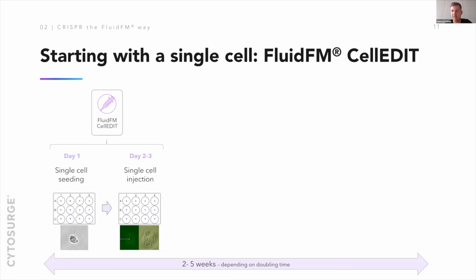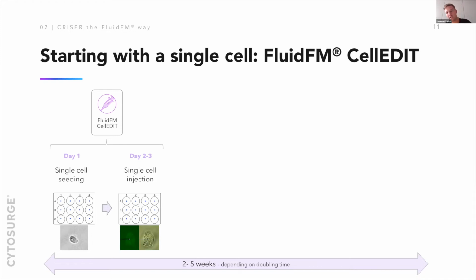And it starts with monoclonal cells. So this is a big difference compared to normal, more conventional methods, where we do editing in batch, for example, with electroporation. And then a certain number of cells will be edited, and after that we have to sort them out. We have to look for some of these edited cells and we have to isolate them.